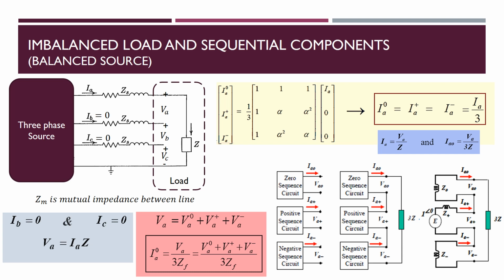So if it is an unbalanced load, the sequence networks are interconnected to each other. I am giving you a small assignment, assignment 8, in which you can determine the sequence components and how they are interconnected between the sequence networks.